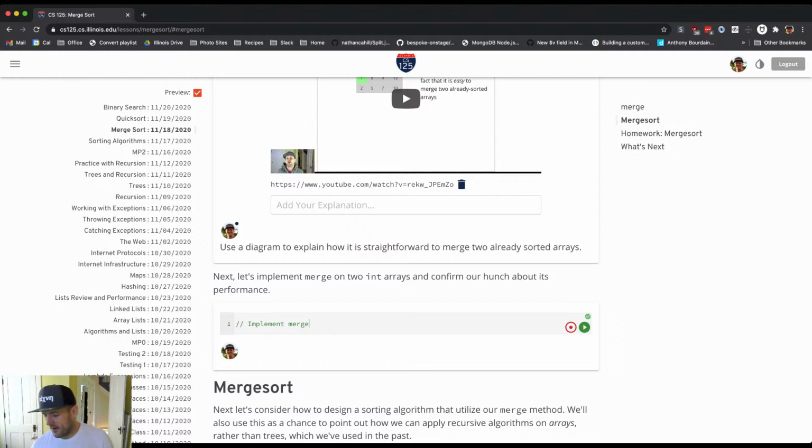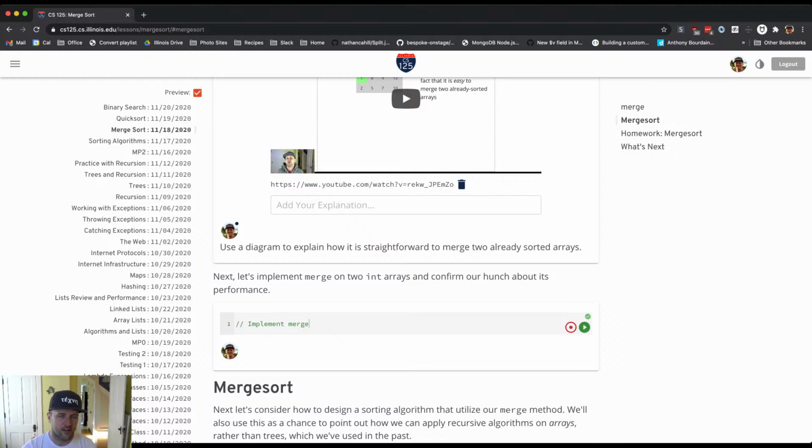And another downside, you may have noticed: if you look at our merge method, it has no dependence on the inputs. It's always O(n). It's never better than O(n), and never worse than O(n), but always O(n). And so merge sort's worst case performance is O(n log n), so it is an optimal sorting algorithm.